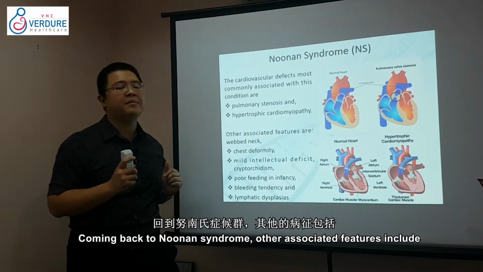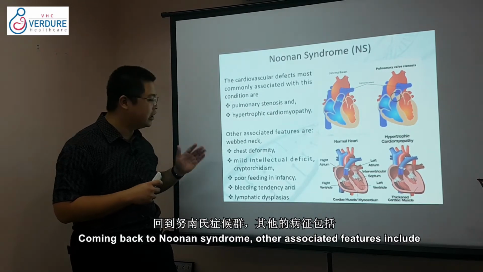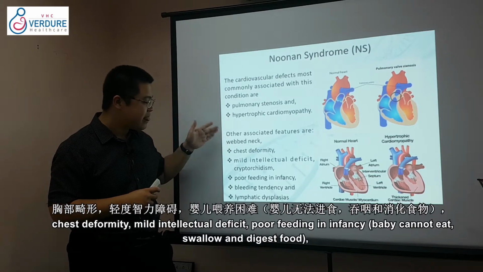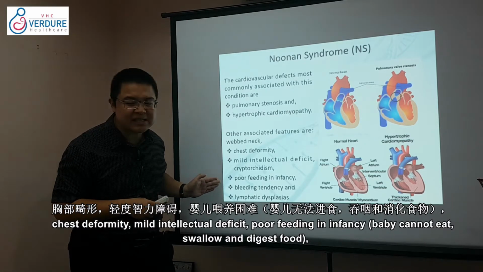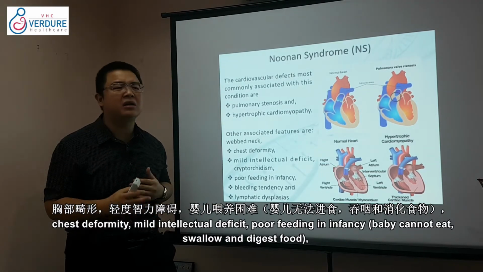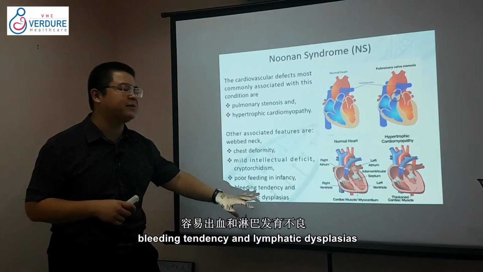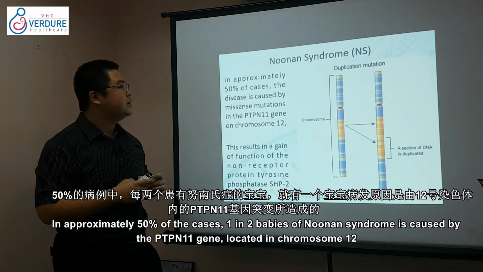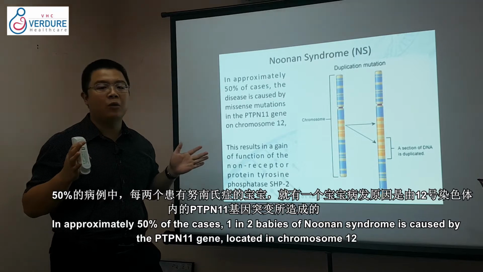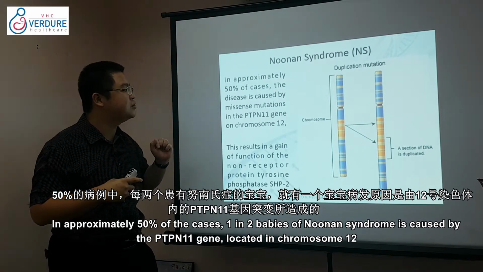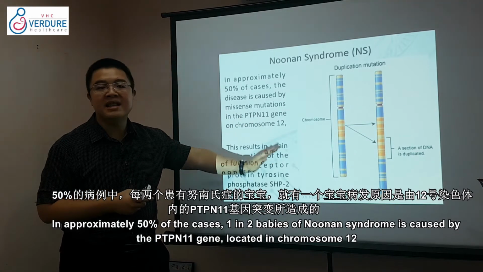Coming back to Noonan syndrome, other associated features include chest deformity, mild intellectual deficit, poor feeding in infancy, meaning they cannot eat, swallow, or digest the food, bleeding tendency, and lymphatic dysplasias. In approximately 50% of the cases, that is 1 in 2 babies with Noonan syndrome, it's caused by the PTPN11 gene.